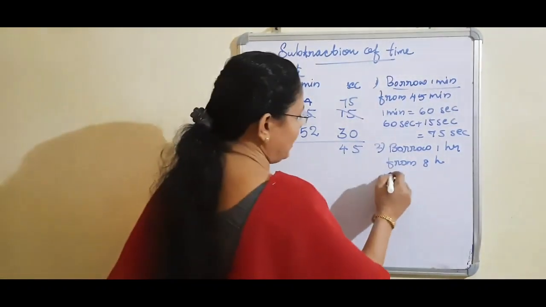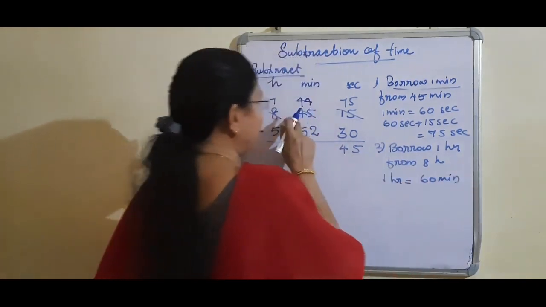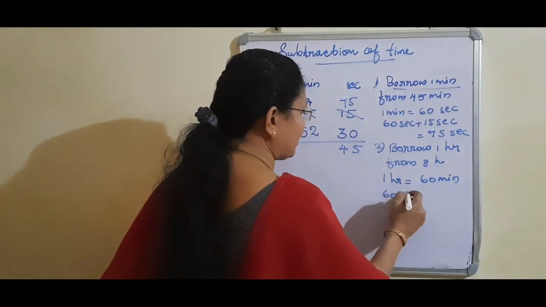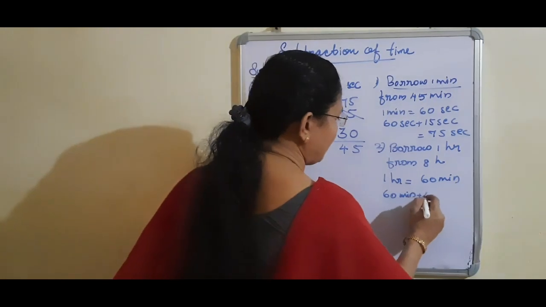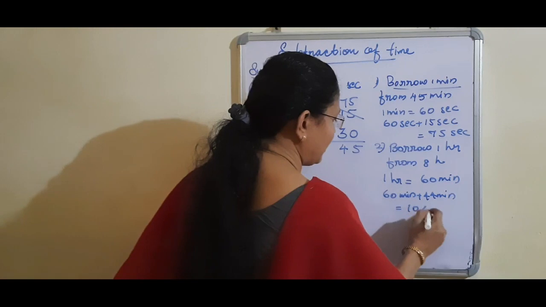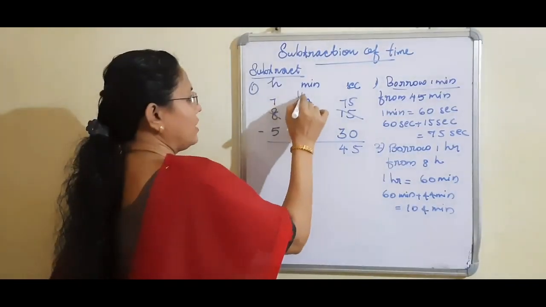Now this 1 hour is equal to 60 minutes. We should change this to the next unit, 60 minutes. Then this 60 minutes we should add with the units given here, that is 44. 60 plus 44 minutes is equal to what? 104 minutes. Now we should cut and write here 104.